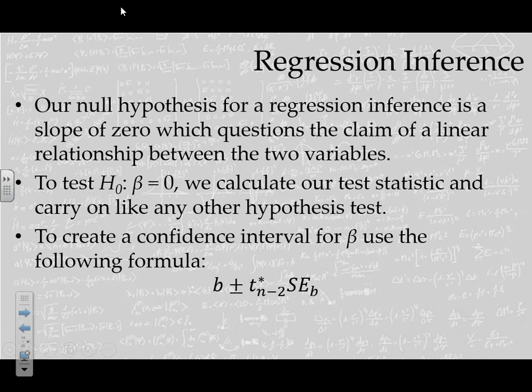So this is exactly the same as what we had before. Sample value plus or minus critical value times standard error. So sample slope plus or minus t star times standard error.